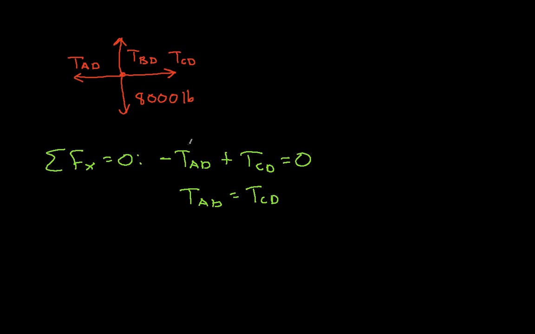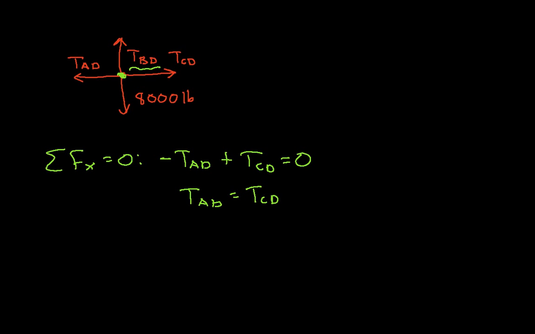Okay, and there's no point in solving this in the y direction because we already know what TBD is. And in fact, if we had used pin D, we could have gotten TBD more easily than we did using pin B.